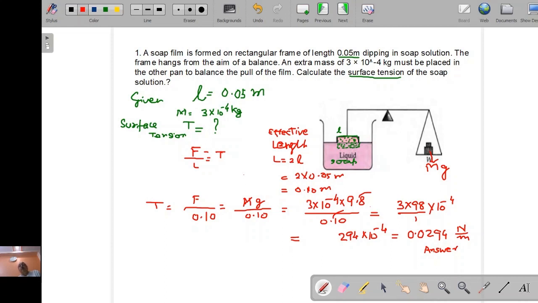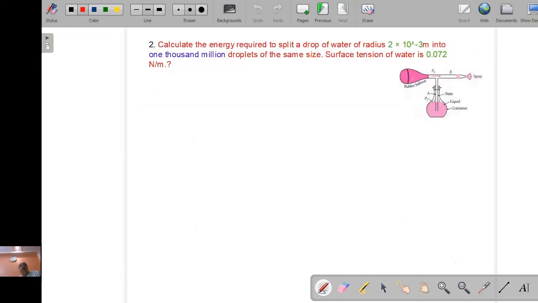Now let us take another example, another numerical. In the next numerical, we have to calculate the energy required to split a drop of water of radius 2 into 10 to the power minus 3 meter into 1000 million droplets of the same size, given that droplets are of the same size.